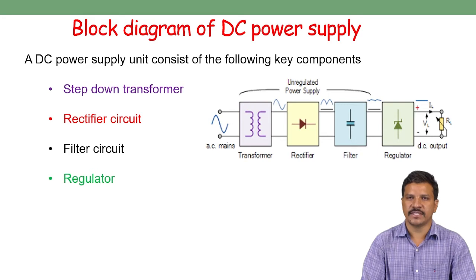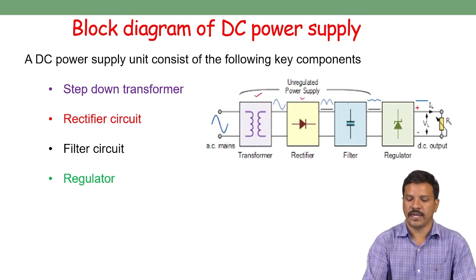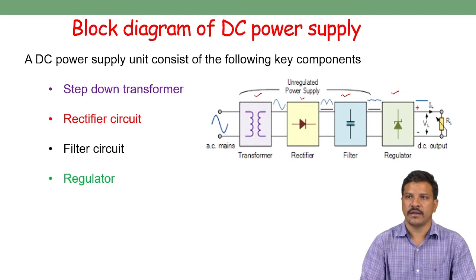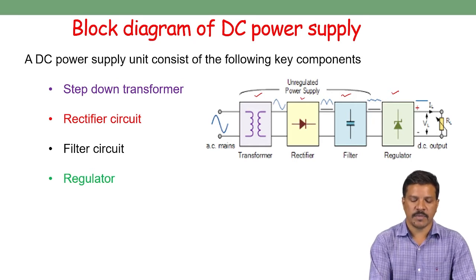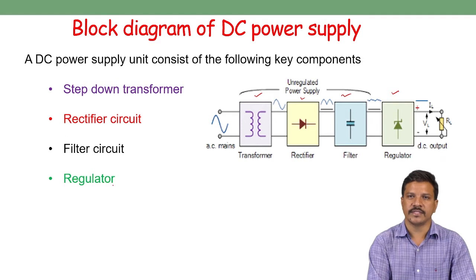The elements in a DC power supply are the transformer, rectifier, filter, and regulator, which is connected to the load. These are the four important elements used in a DC power supply, and among them the rectifier is the heart of the DC power supply, which converts AC signal into pulsating DC or DC power supply. So we have the step down transformer, rectifier, filter, and regulator.